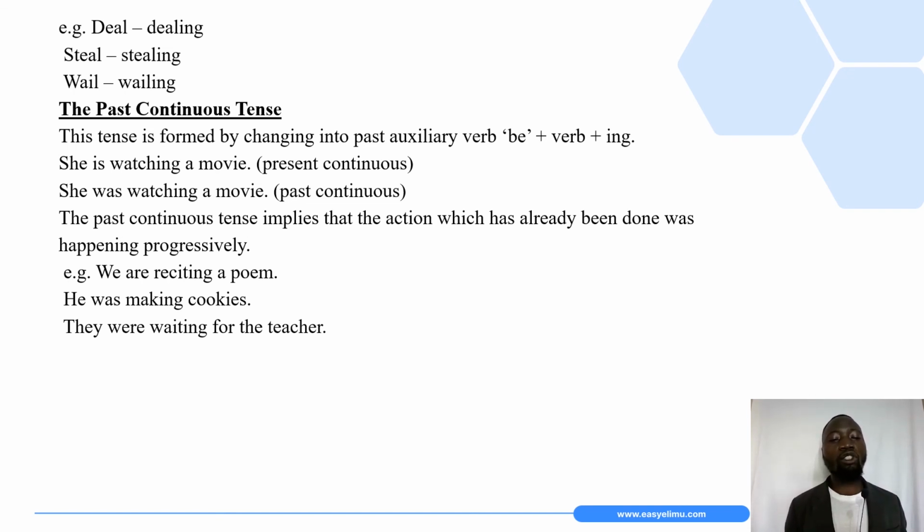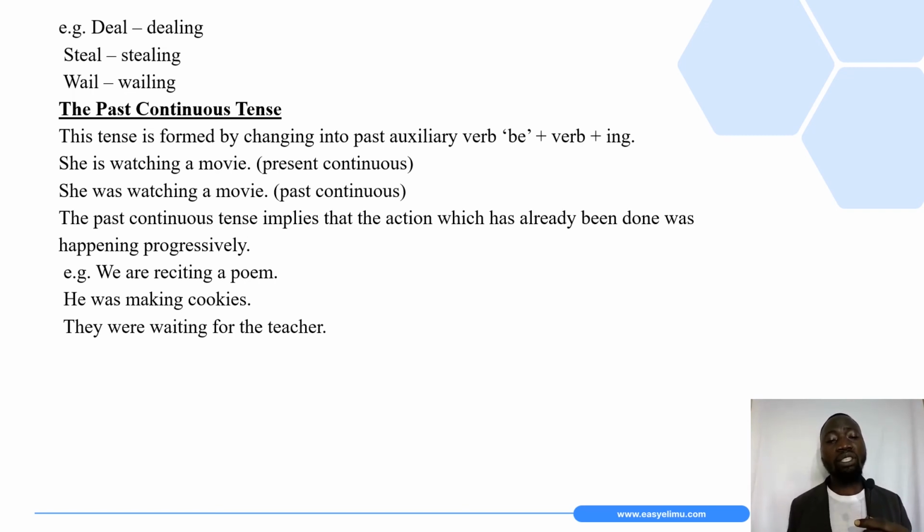But if we want to make it a past continuous, we will now change the auxiliary verb is into past. So if we change the auxiliary is to past, we will have was. Then we will have the -ing form of the verb retained. So she was watching a movie is in past continuous tense.